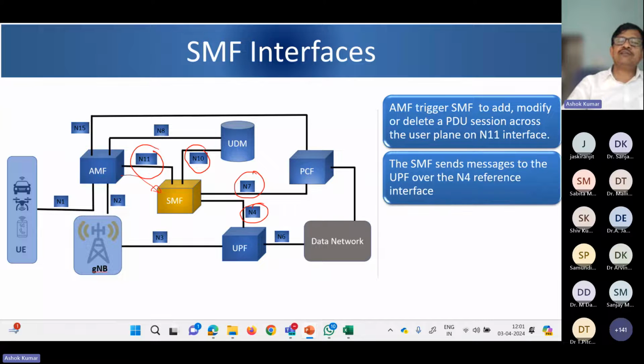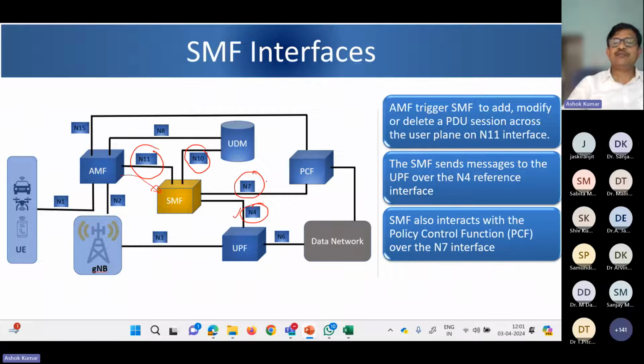And then it has got N4 interface with UPF. So basically, whenever there is a request to create PDU session, the SMF has to send certain messaging to UPF for creation of PDU session. So it has got a N4 interface with UPF.